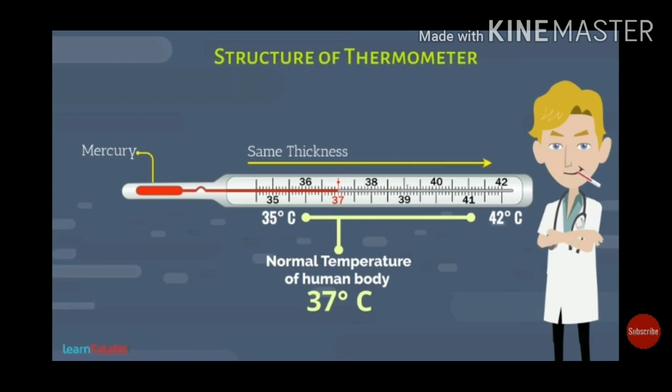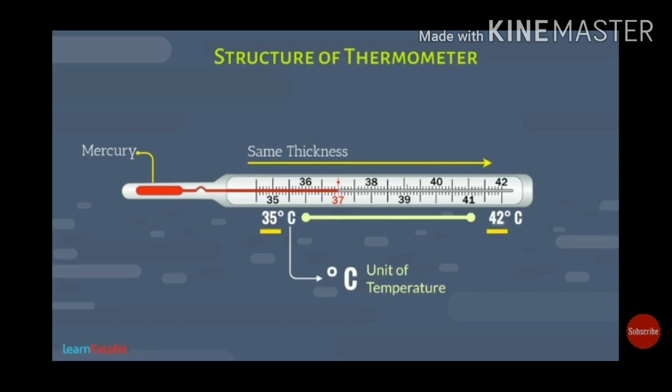Students, there is a grayish liquid filled in this clinical thermometer which is known as mercury. This clinical thermometer starts at 35 degrees Celsius and ends at 42 degrees Celsius. This degree Celsius is the unit of temperature.